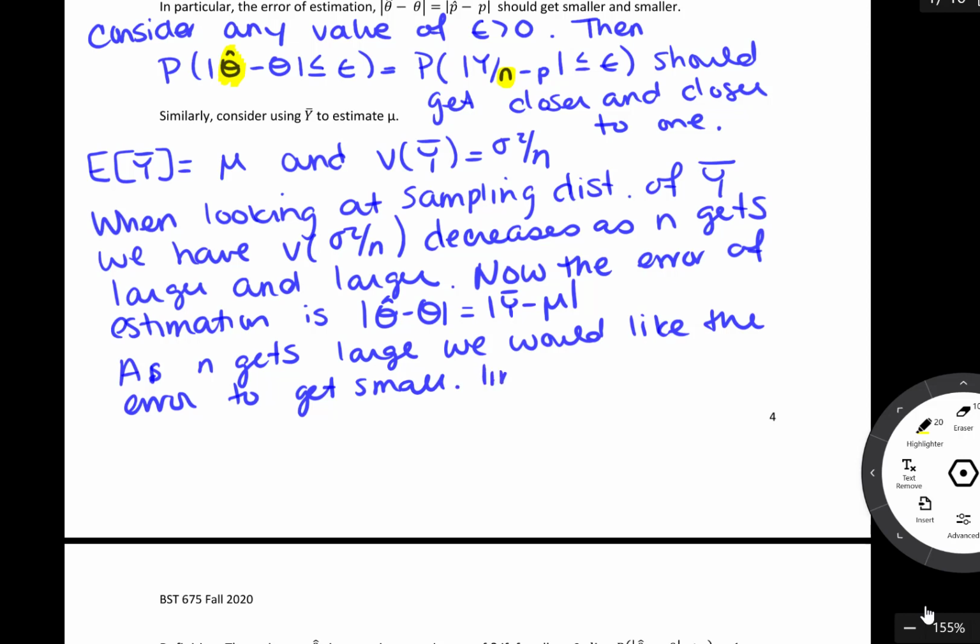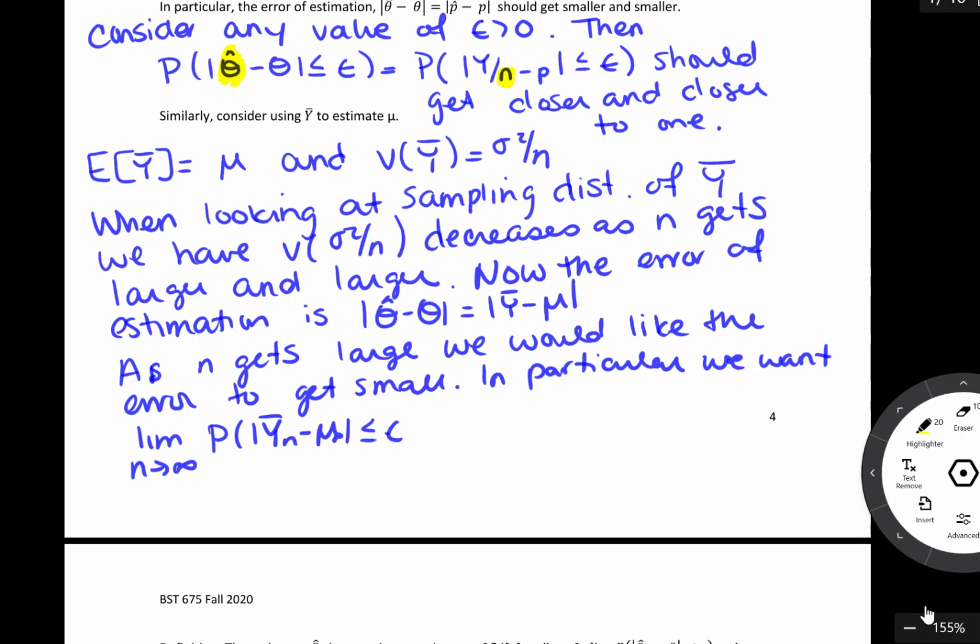So in particular, we want the following. We want the limit as n goes to infinity of the probability that the absolute value of y bar n minus mu is less than or equal to epsilon to equal 1, for all possible epsilon that we could define.